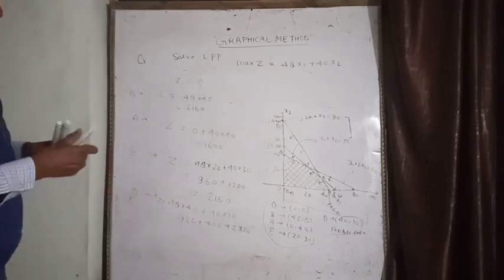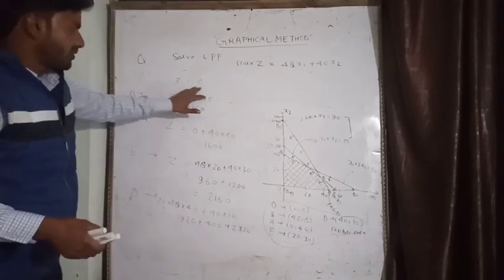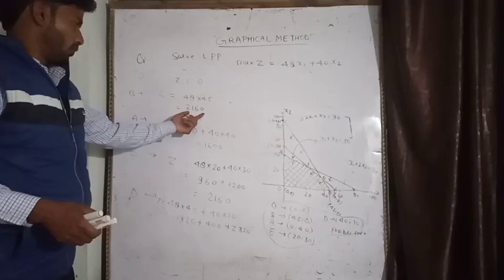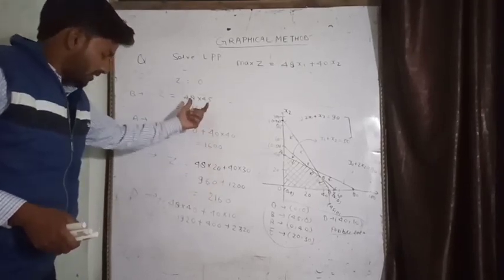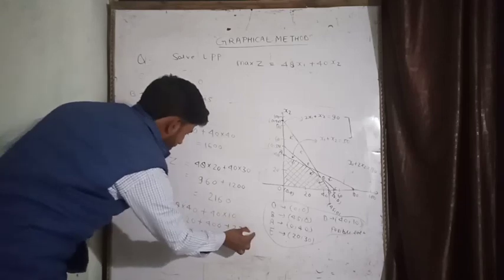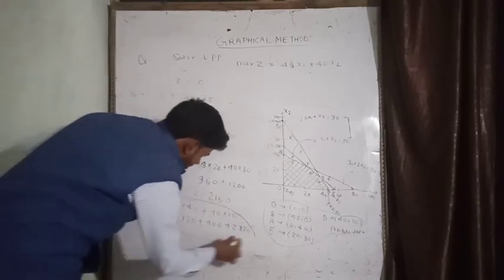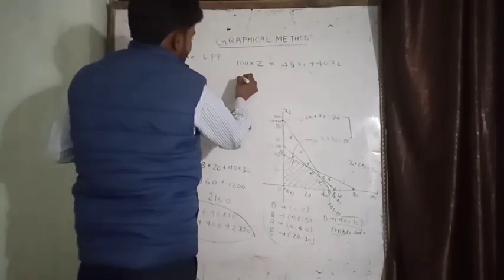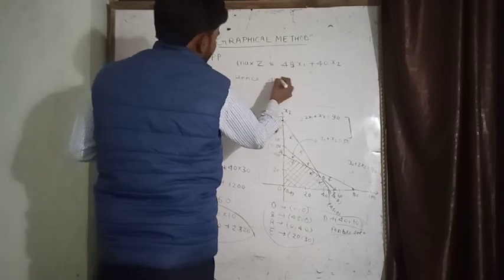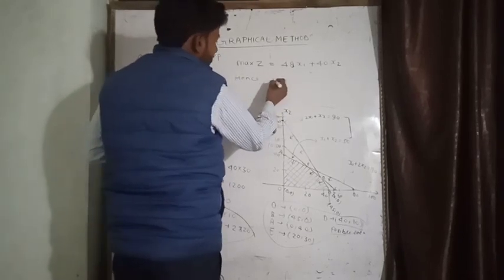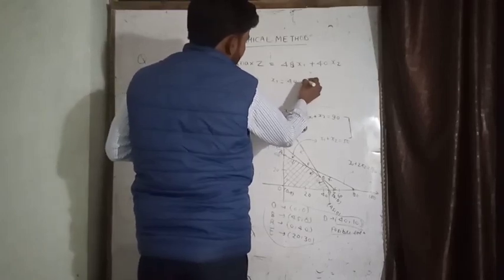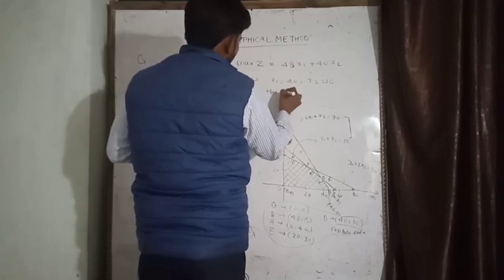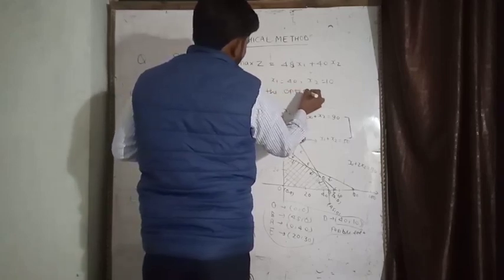So for point O, Z is equal to 0, for point B, Z is equal to 2160. We see that the maximum value is for point D, 40 comma 10. Hence x1 is equal to 40 and x2 is equal to 10 is the optimal solution.